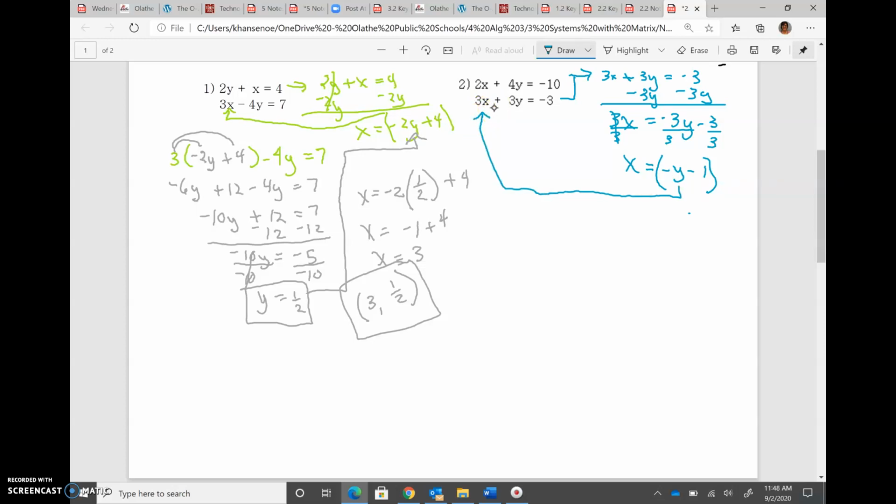Oh, not that x value. Sorry, not that x value. You want to plug it into the other one that you didn't just solve for. So you want to plug it in right there. So now I'm going to have 2 times what x equals plus 4y equals negative 10.